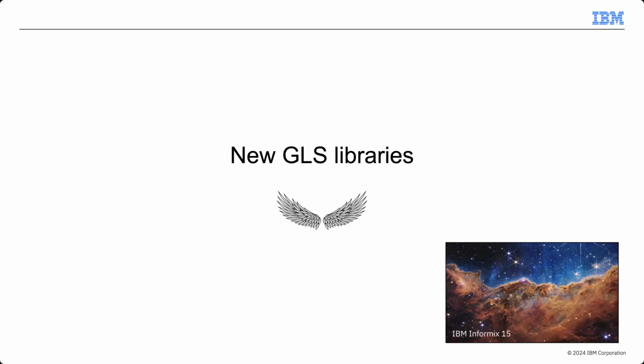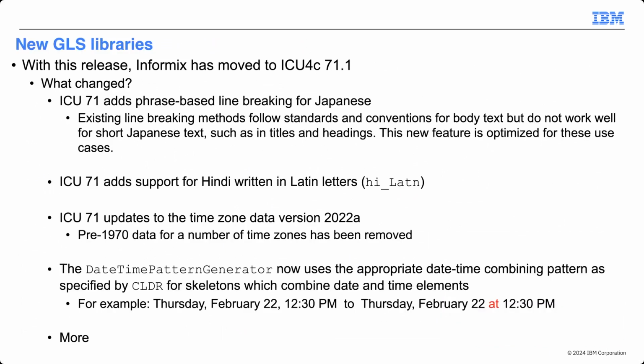Okay, so what else did we change in 15? One of the things that has been lagging is our global language support. So in 15, we've updated our GLS to whatever this ICU 4C 71.1 is. Again, I'm not a global language support expert. I'm barely competent to say global language support, but there are a number of changes in this particular version of the GLS.